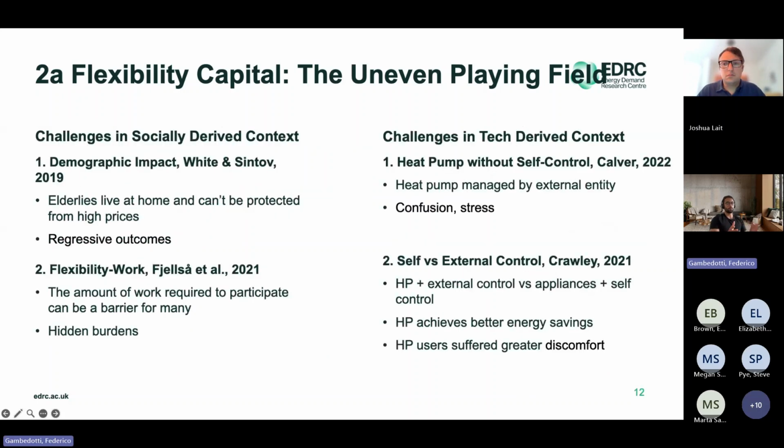So whether we have socially derived or technologically derived flexibility capital, there are actually a lot of challenges that come. And so I just wanted to highlight a few.